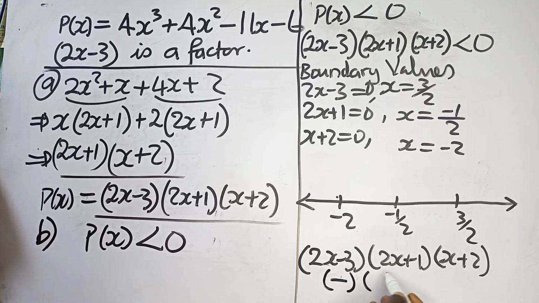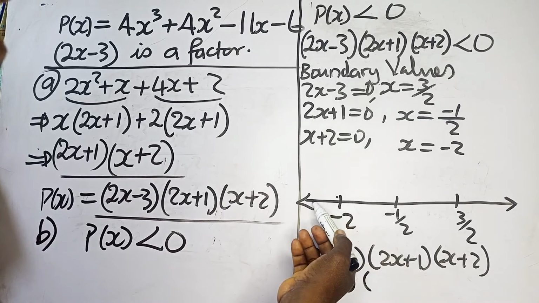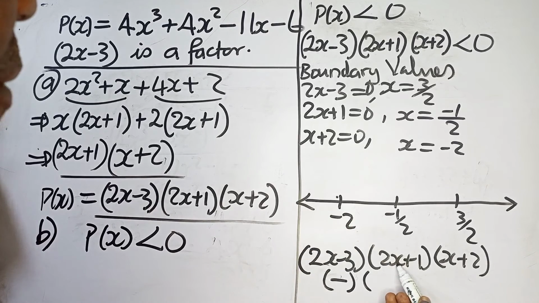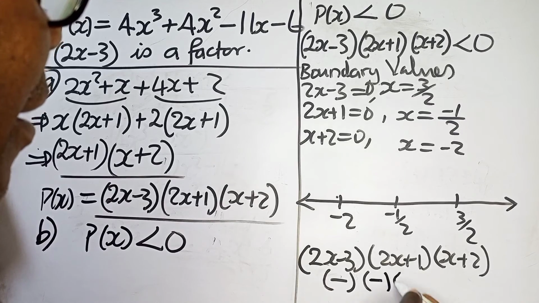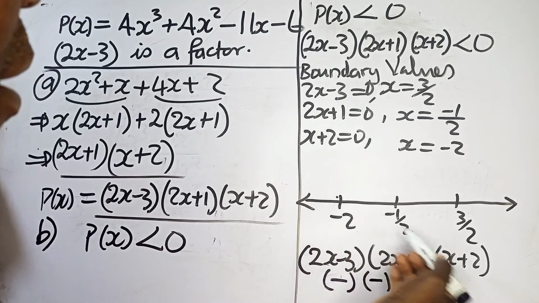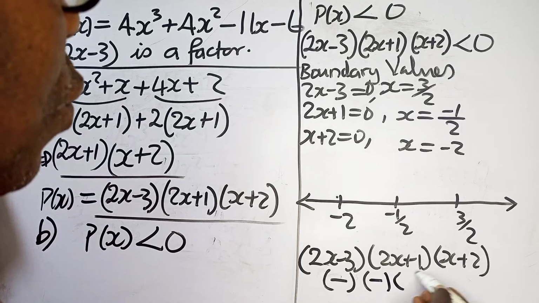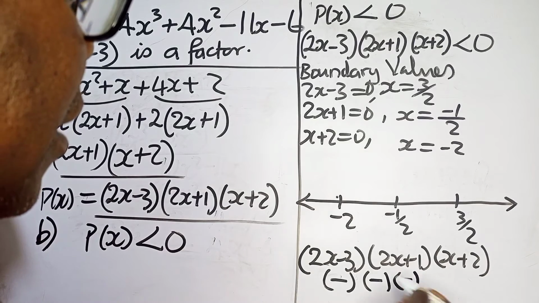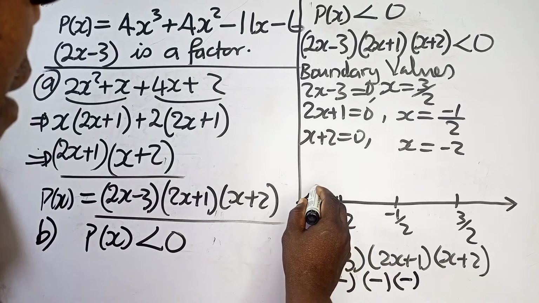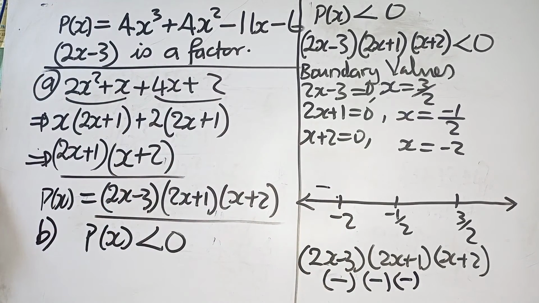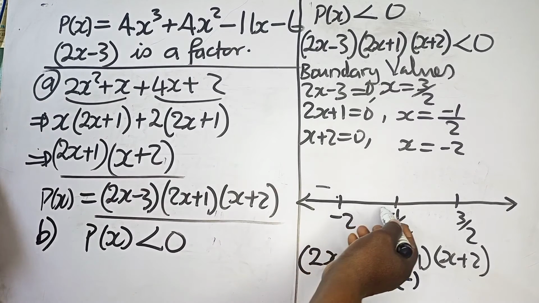Multiply 2 times the value we're taking, negative 3, is negative 6. Plus 1 is negative 5. Again, it is negative. Take that again, negative 3. Negative 3 plus 2 is what? Negative 1. Again, it's negative. Negative multiplied by negative, positive. Positive multiplied by negative, negative. So here we have negative.